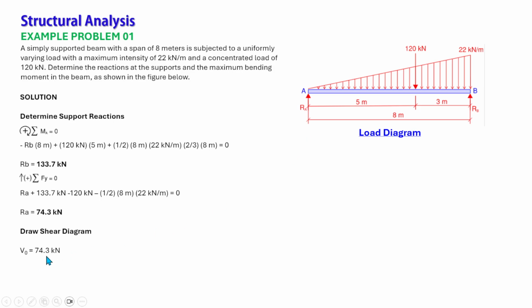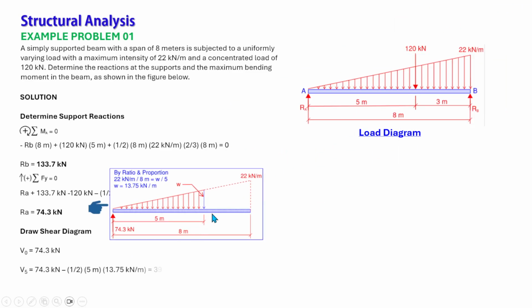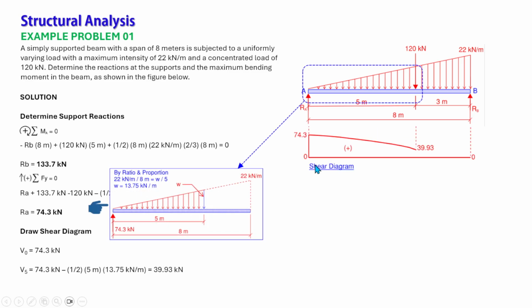To draw the shear diagram, the shear at point A is equal to the reaction of 74.3 kilonewton. To determine the shear at this point, which is 5 meters away from reaction A, we need to determine first the intensity at this point by ratio and proportion. We have 22 kilonewton per meter is to 8 meters equal to W over 5. So W is equal to 13.75 kilonewton per meter.